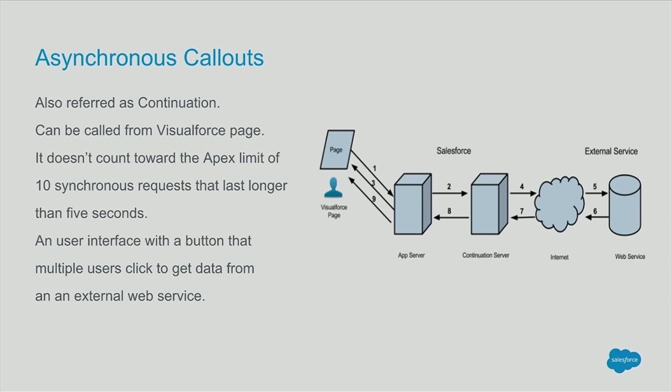With continuation, you can actually queue these requests to your continuation server and then handle it gracefully without any issues. So even though the platform doesn't expose asynchronous related items, this is one way of achieving that. Another feature that would be helpful is you can actually chain these callouts one after another.